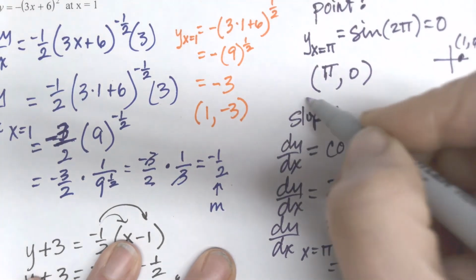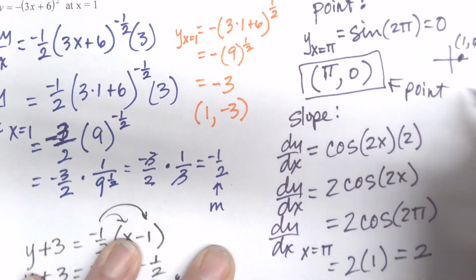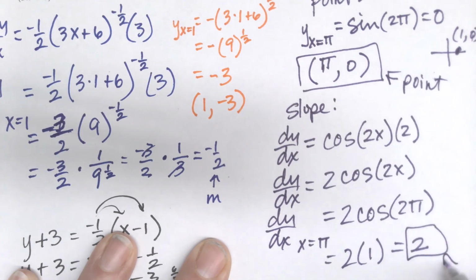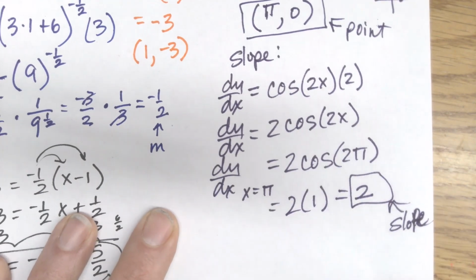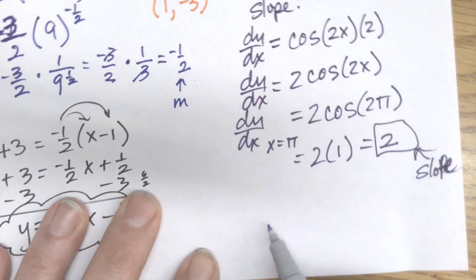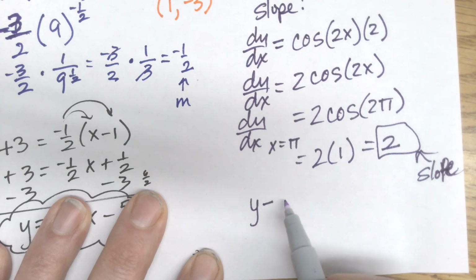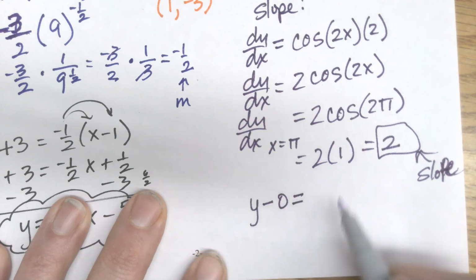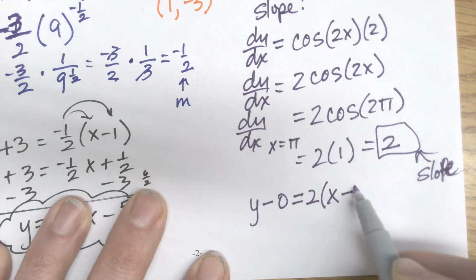Again, here is my point. Here is my slope. And I'll put it into the form of the equation. Y minus y1 equals the slope times x minus the x1.